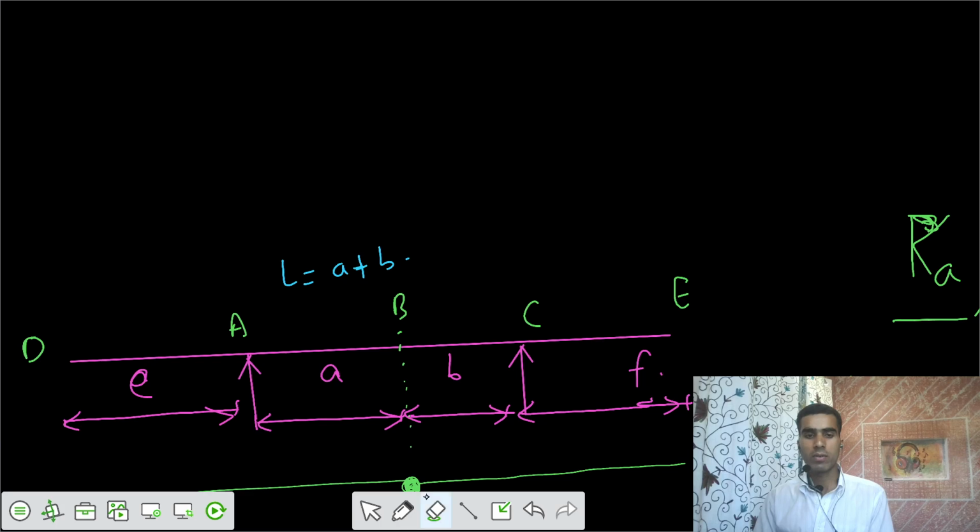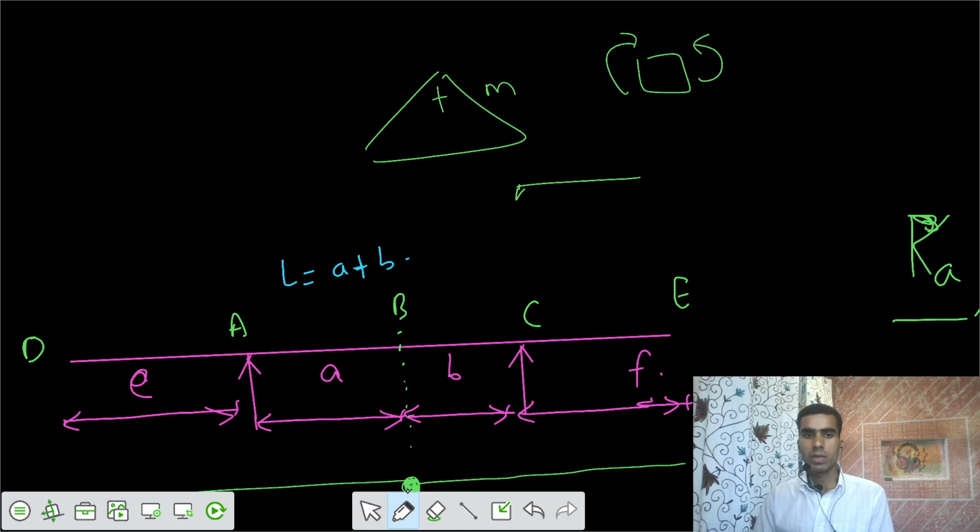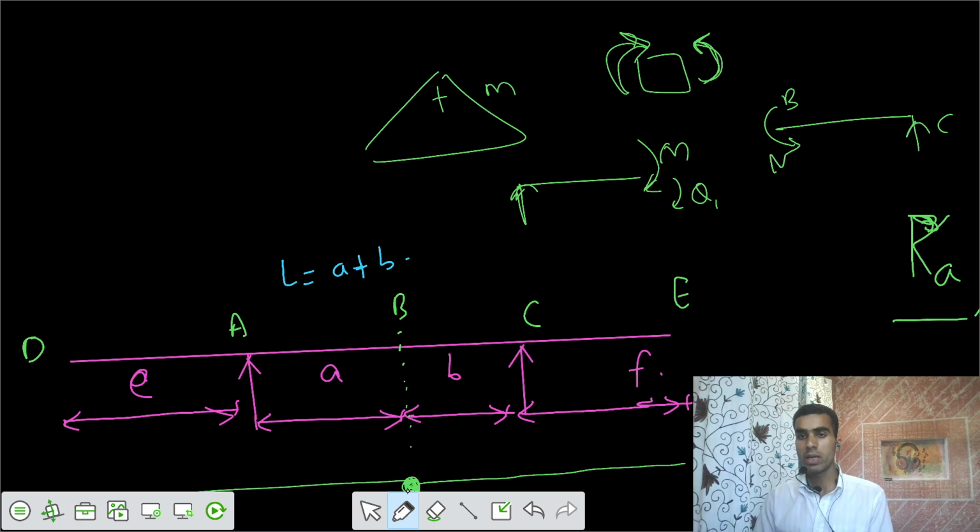If we have clockwise moment positive, then this is our variation. In the part A to B, we have moment, this is clockwise, this is anti-clockwise, and we should have theta 1 in the same direction. And for the part CB, the moment should be anti-clockwise, and the theta 2 should be in this way.